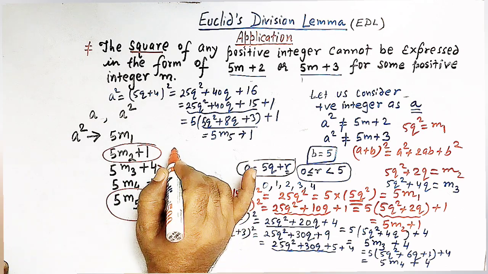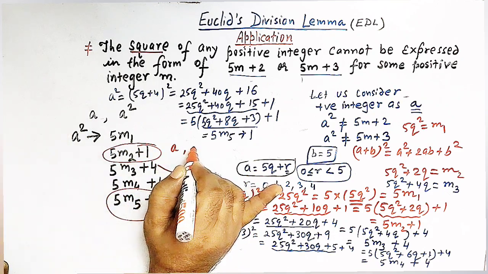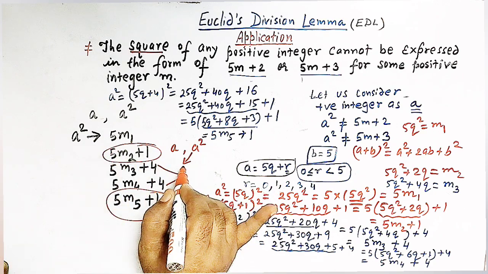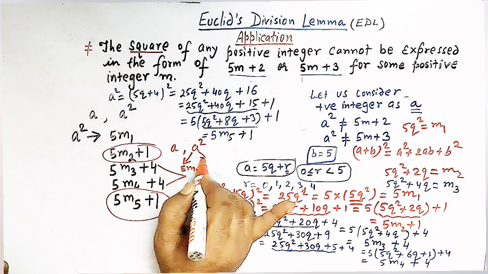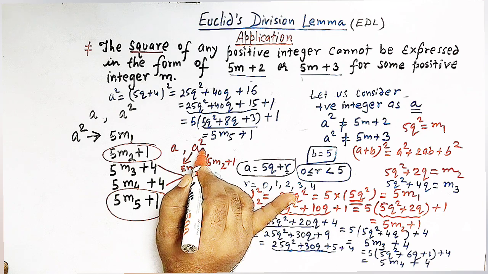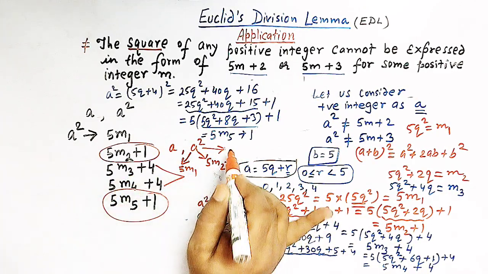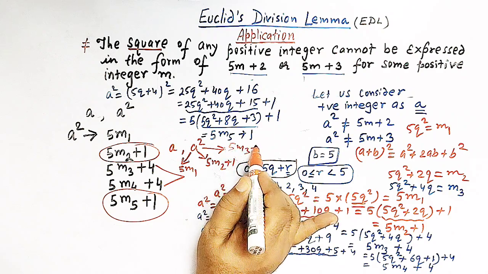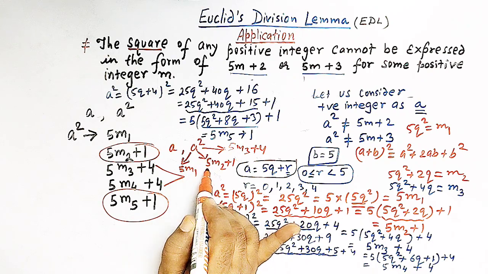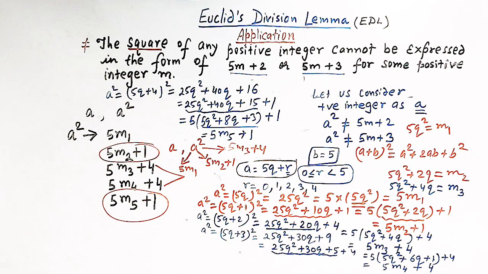So in a compact form, we can say that if we have a positive integer a and its square is denoted by a square, then a square can take the forms 5 times m1, the second one 5 times m2 plus 1, and the third form 5m3 plus 4.